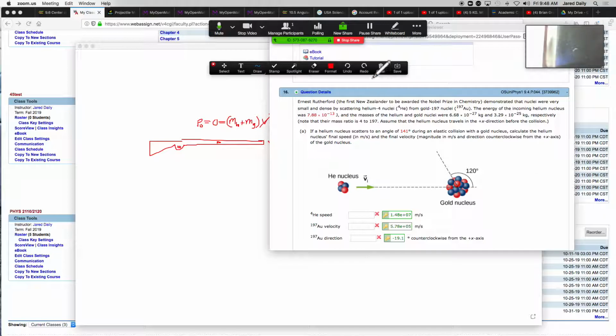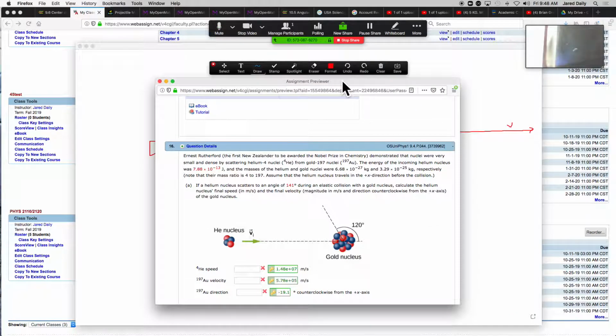Here we talked about this experiment, I think, didn't we? Can't remember, but I think we did. This is a famous experiment that led to the discovery of the nucleus of the atom, and it led to the current model of the atom that we use now.